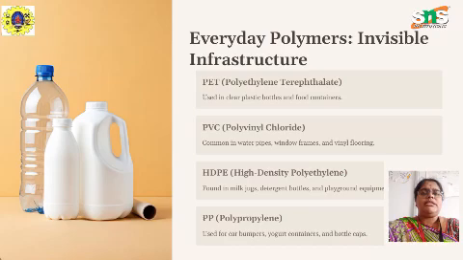PVC, polyvinyl chloride, is commonly used in water pipes, window frames, and vinyl flooring. HDPE is high density polyethylene, which is used in jugs, detergent bottles, and materials like playground equipment. Then there is polypropylene, called PP. It's used in bumpers, yogurt containers, and bottle caps.